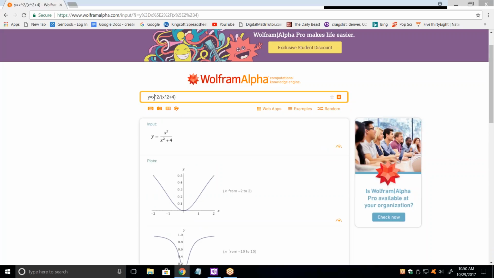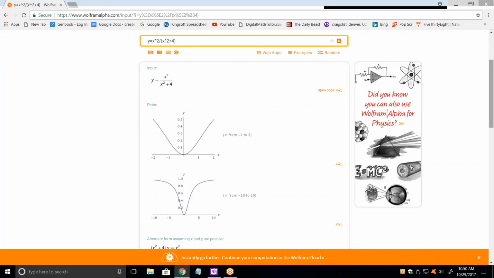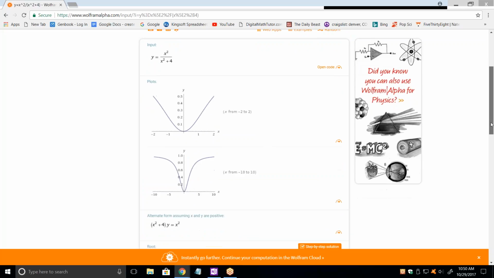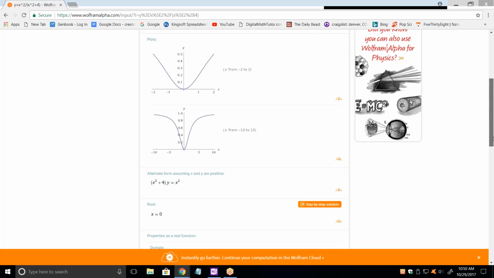Okay, so it gives you two different graphs here. One is just zoomed in over the other. You can see that the bottom one is actually zoomed out. If I zoom in on it, I get the top one. This does all kinds of nice things. It tells me what my zeros are automatically, unlike your TI-84 where you have to put it on trace and figure out your zeros.